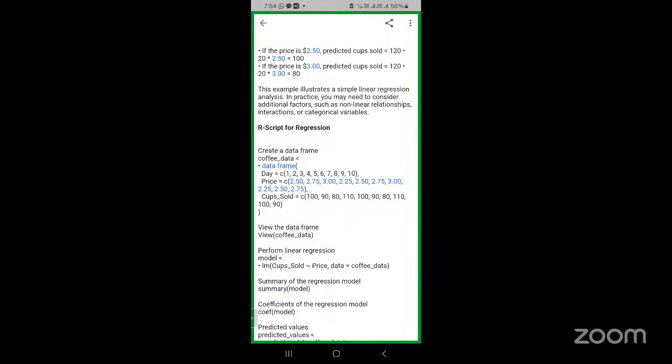So finally, you will get the summary of the regression model. So when you write down summary of the model, then you will get the coefficients.